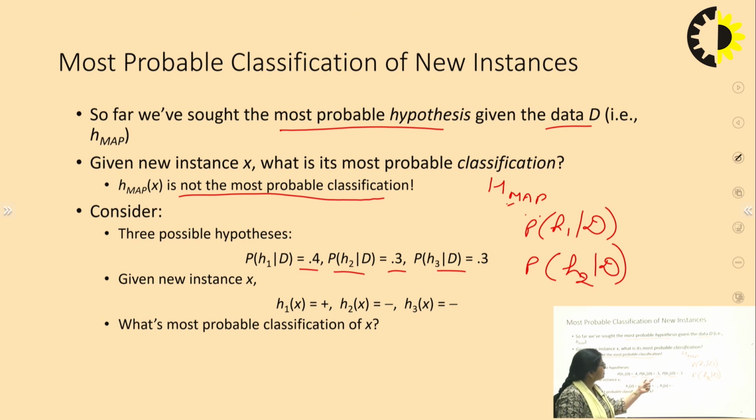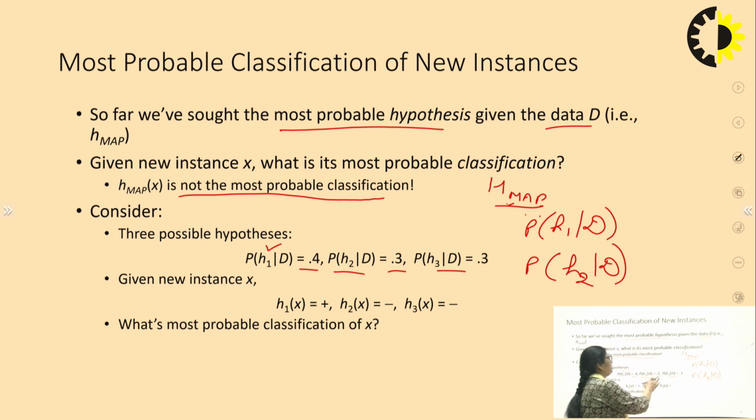Now, what is the maximum a posteriori? For H1 we are having the maximum value. So, according to the MAP method, maximum a posteriori, it should be H1, that the instance must belong to class 1. But if we see it overall, we are finding that there is only a 40% chance that it belongs to H1.